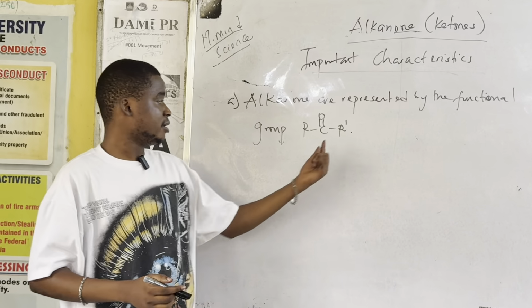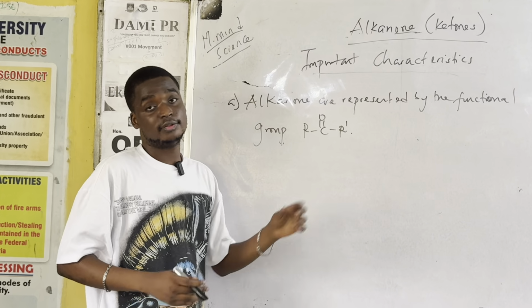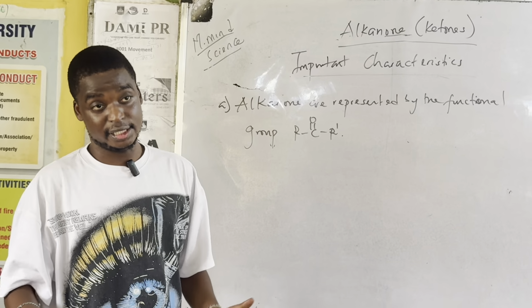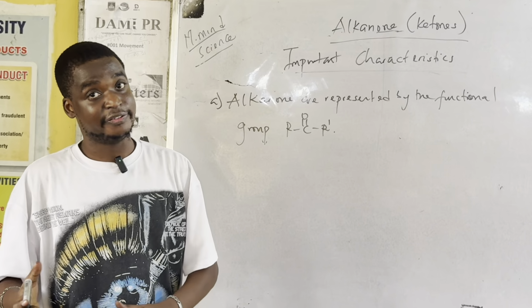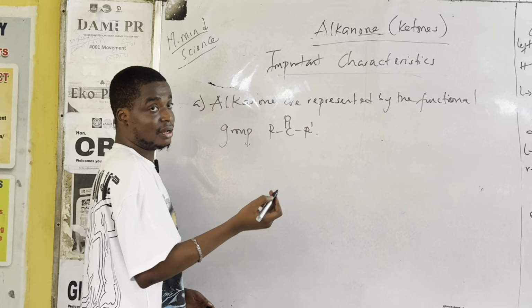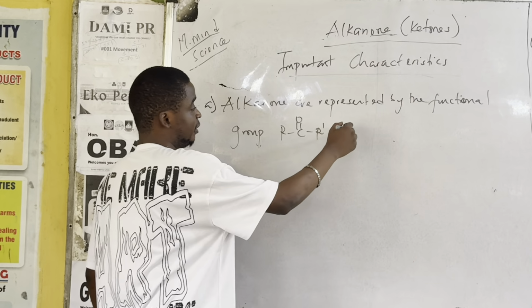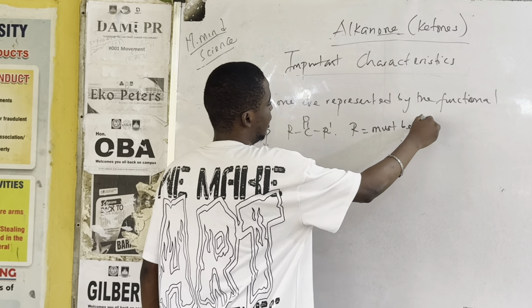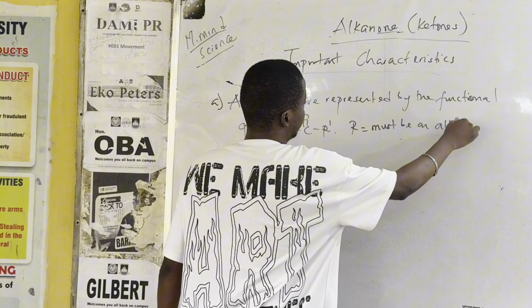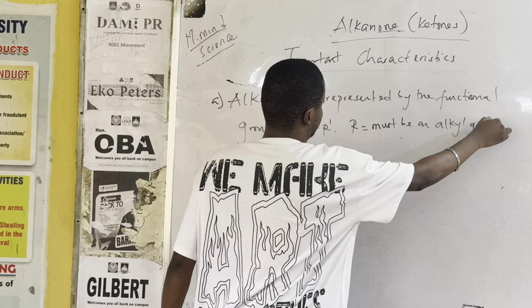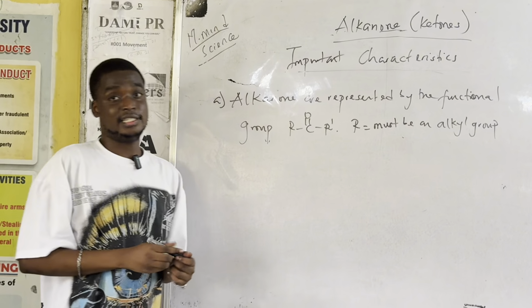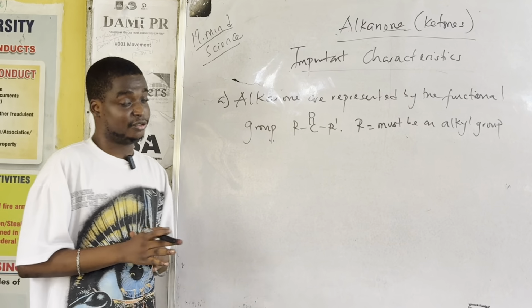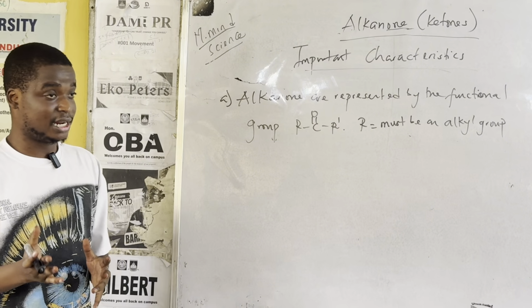Now, this R prime means that these two R groups do not necessarily have to be the same thing. They can be different. Now, unlike alkanals, the R group here must be an alkyl group. It can never be hydrogen. That is a very, very good distinction between this and alkanal.